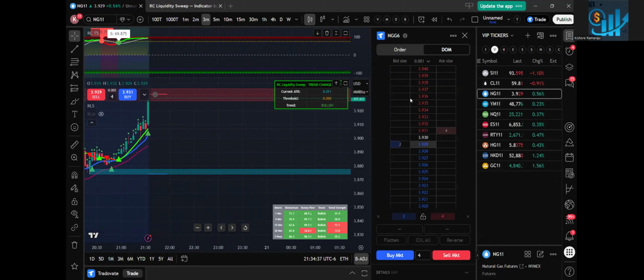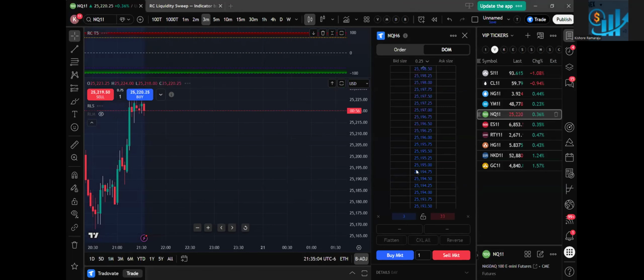Yes, Sunil, please go ahead. Hi, Kishore Garu. Can we take MES and keep it overnight? Yes, we can take MES long, or even one or two MNQs for overnight. At the current price, we can take and hold it, correct?